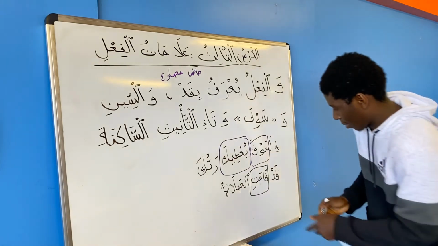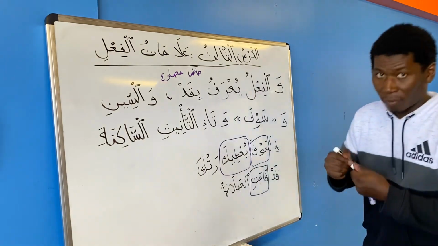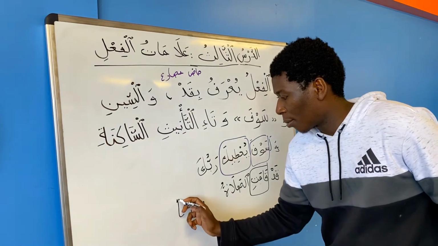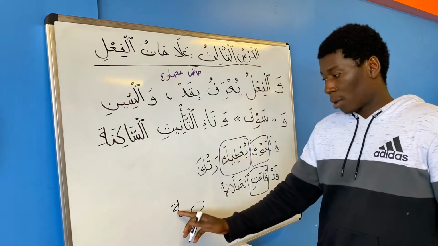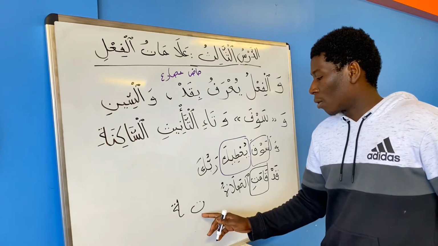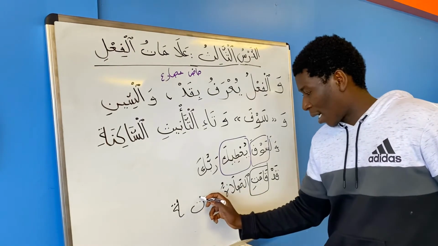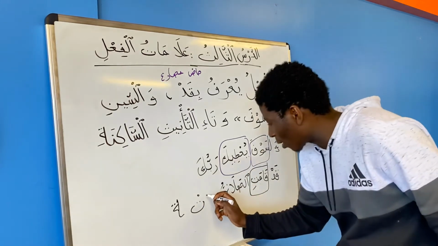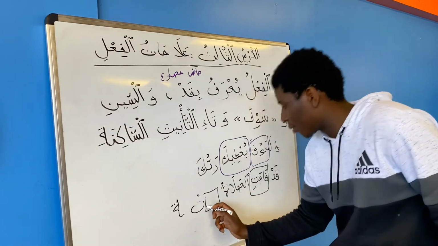So I have two types of ta. I can use the regular ta, or I can use what they call ta marbuta. So this ta with sukun, whenever you see it, know that whatever came before is a verb.